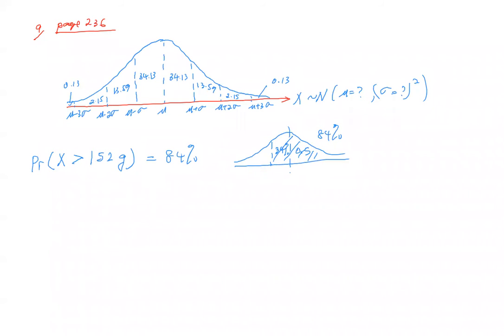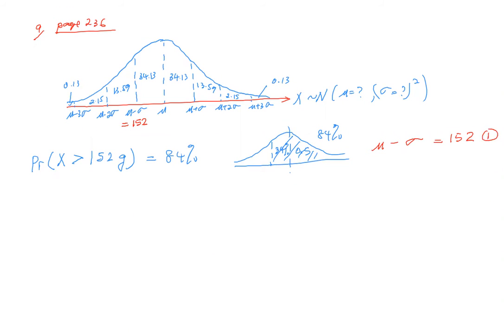So that means, can I say this is equal to 152? Can I say that? Yeah. So I can say that mean minus standard deviation is equal to 152. So I got one equation from that information.